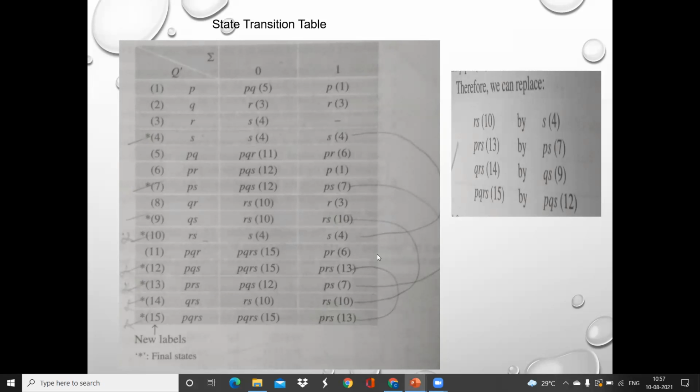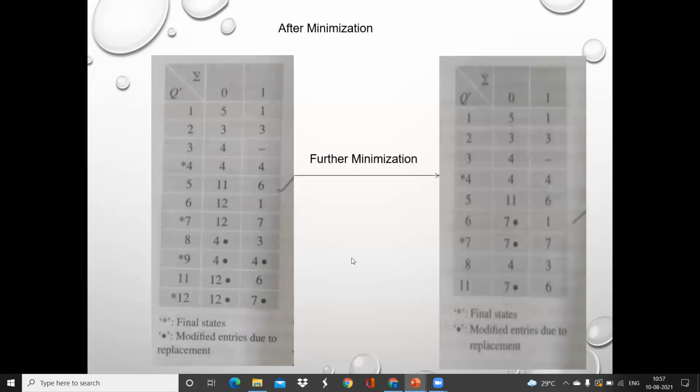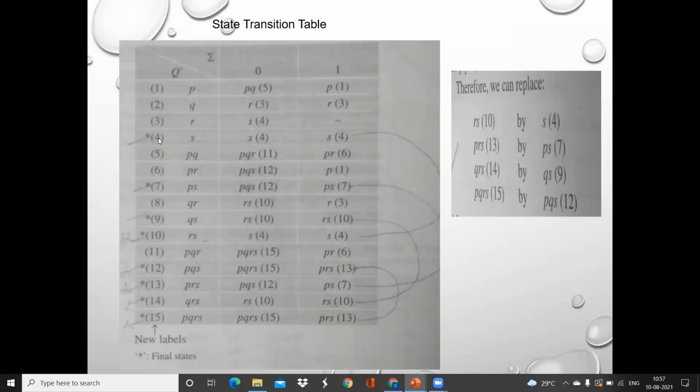After replacement, here we got this as a minimized DFA. What we have done is that the states with the lower number remained in the state transition table, and the states with a higher number are replaced.